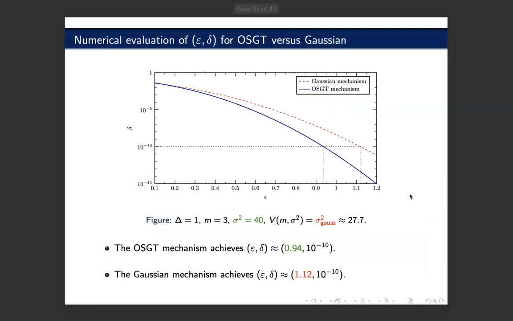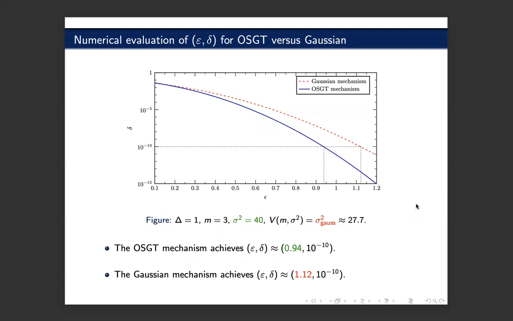This is a more extensive numerical result, showing the delta as a function of epsilon. These are the delta-epsilon pairs that are achievable at the same variance. We fix these input parameters to the OSGT, but its actual variance is equal to 27.7. We set the variance of the Gaussian to be the same, meaning this is a proxy for utility.